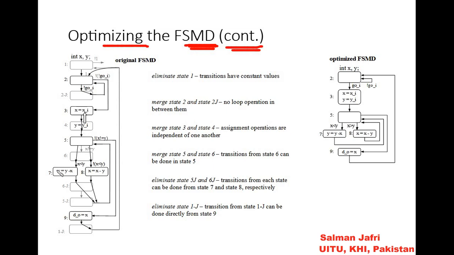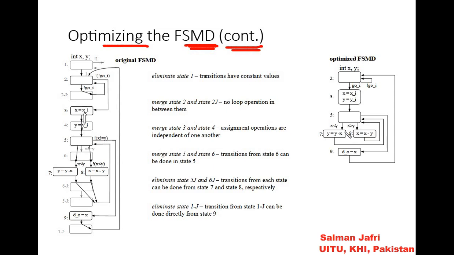So of course if both of these are not true, it would mean that state 5 is false, and we can directly move to state 5j and 6j. So what do we do? We merge states 5 and 6 into a single state, and we carry out two operations: x is less than y and x is greater than y.